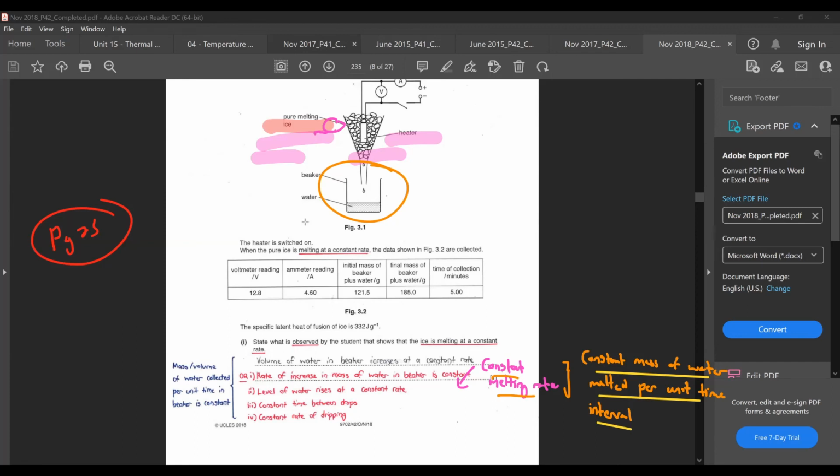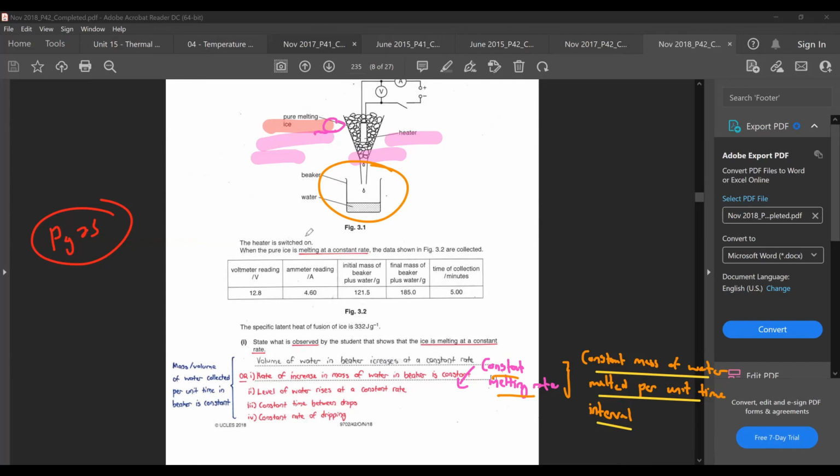Wait, only the increase of mass in water. Yeah, sorry, it's actually accepted. It can be accepted. You can just say it's constant mass of water melted per unit time, or if you want to word it another way, you can word it in any of these ways.